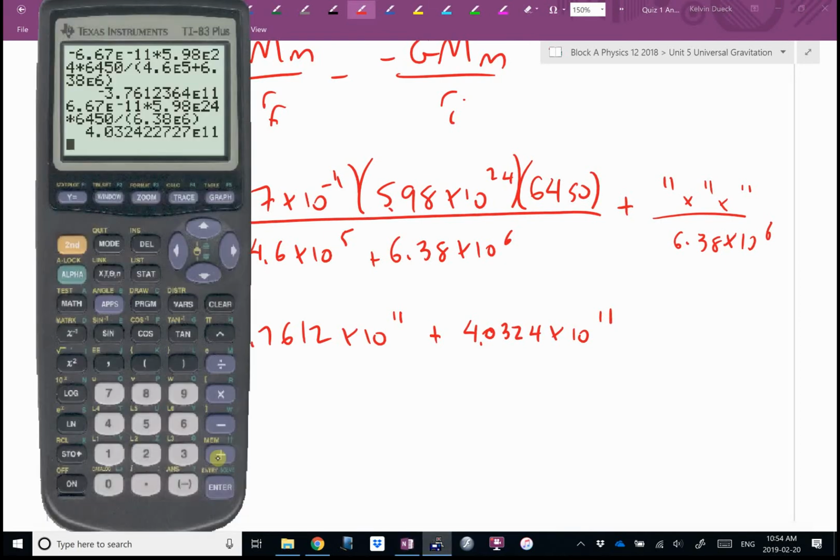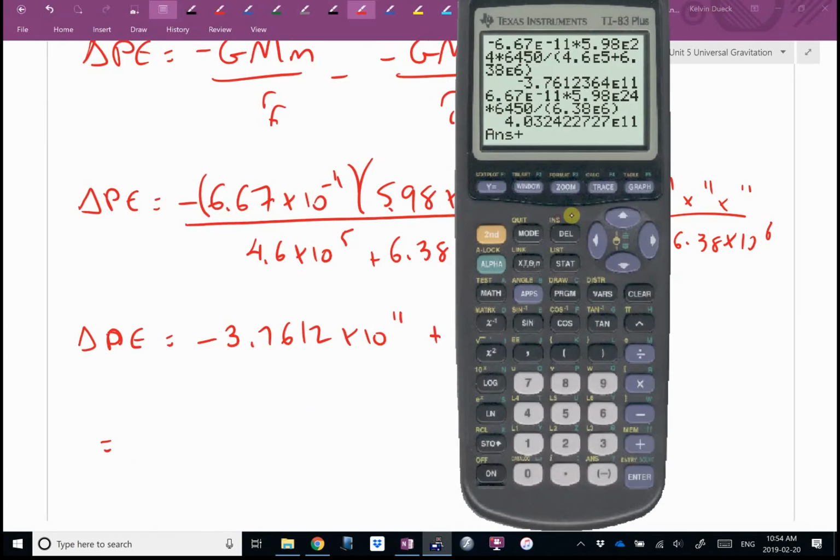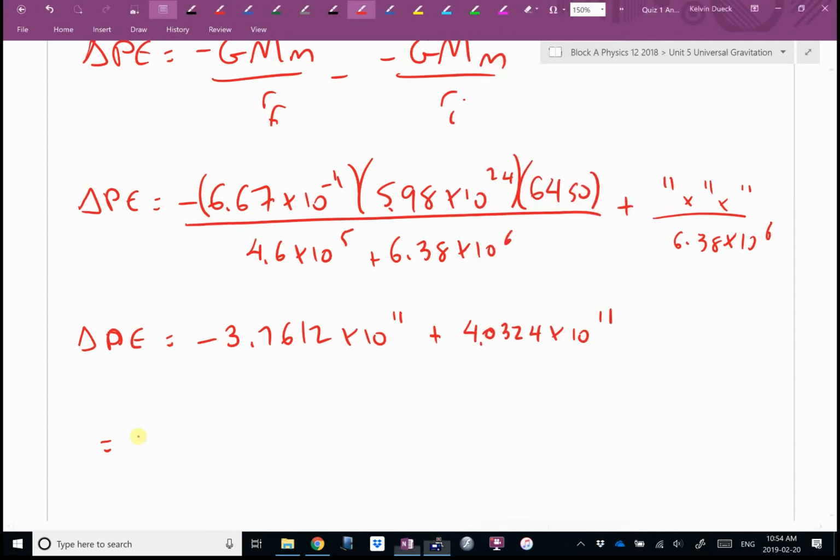And final answer, that number plus negative 3.7612 times 10 to the 11th. This time I'll check for typos. Looks good. Do you get positive 2.71 times 10 to the 10th joules?